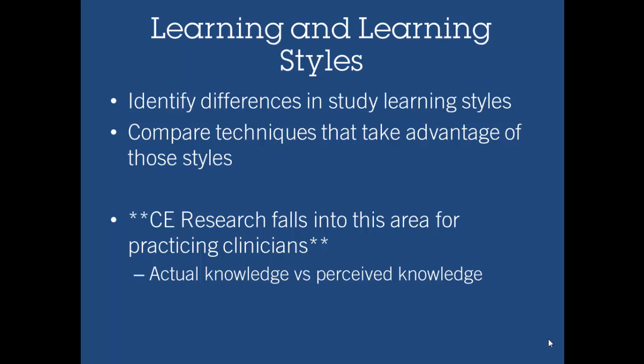What we know is that athletic trainers think they know a lot about common things like airway adjuncts or spine boarding or knee injuries. And in reality, they don't know much about it. So they would essentially fail a test. They think they know a lot of information, but when you give them a test, they fail it with baseline information that's needed to do the skill. So that's a summary of the learning and learning style subsection.